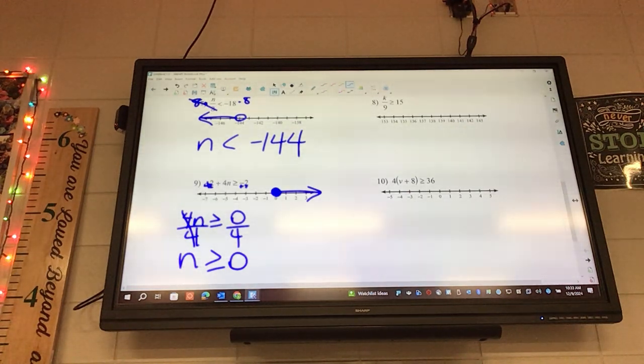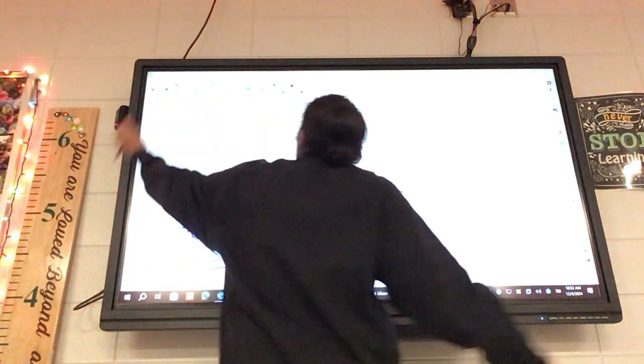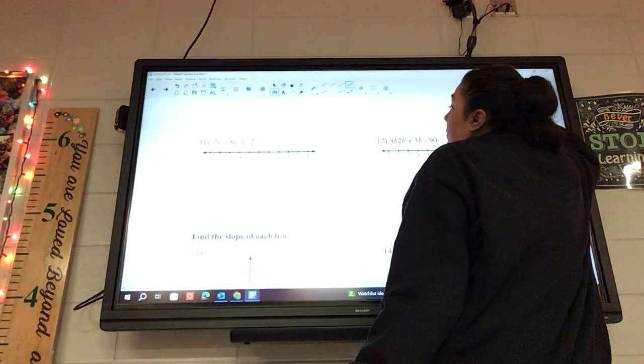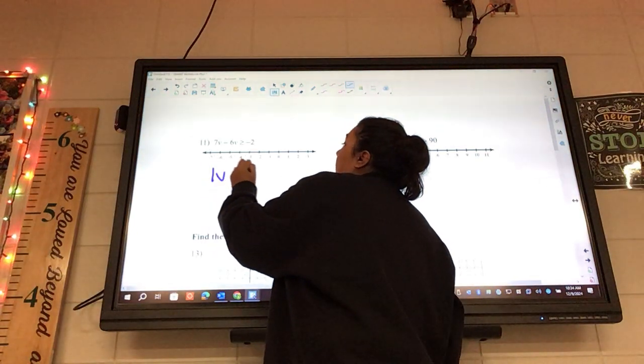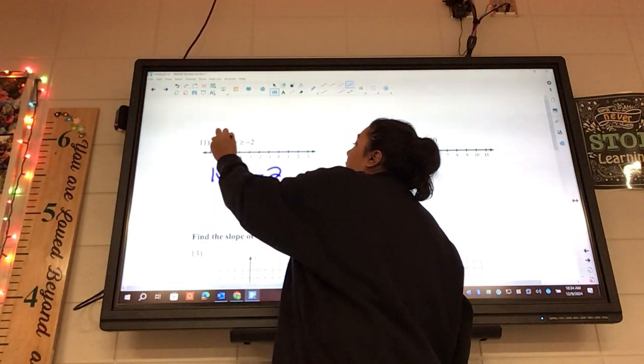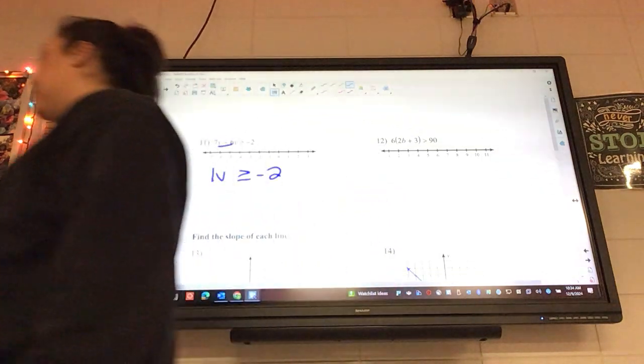Okay, 11. What needs done first? Subtract 6 and 7. Yep, so 7 minus 6 is going to be 1b and a negative 2, okay? So we can combine those two because they're both letters.